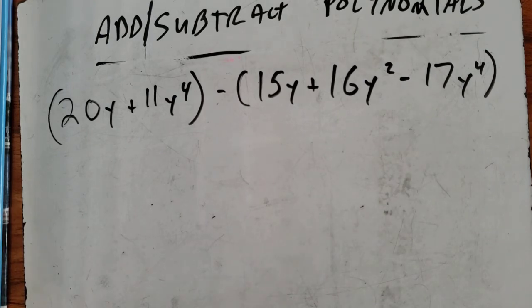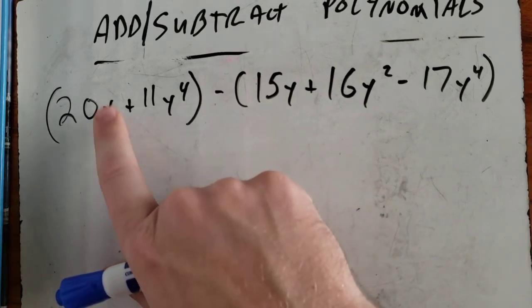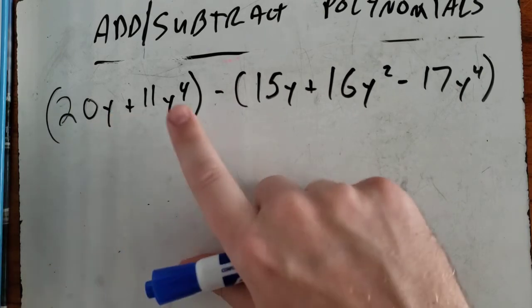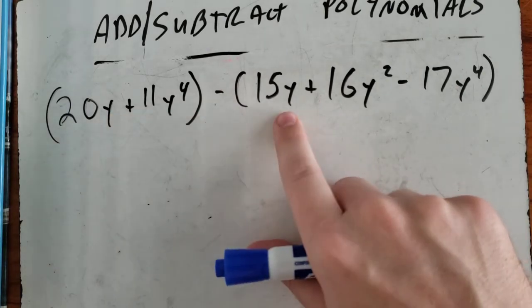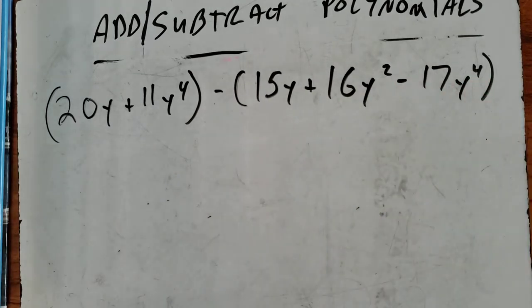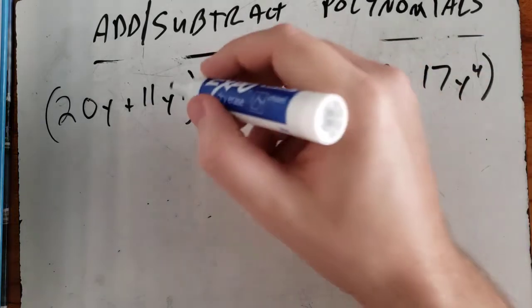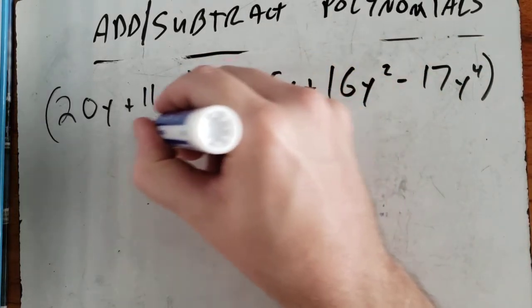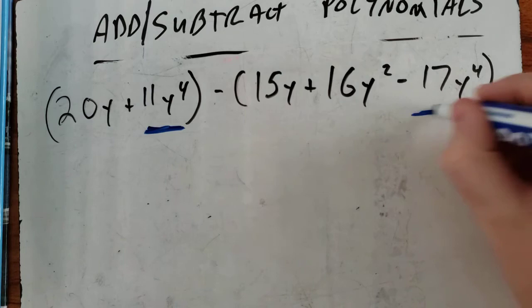So first thing we do, find our highest exponent. Okay, we have a y by itself, so 1y here. We have 4, we have 1, we have 2, and we have 4. Our highest one is our 4. We have a 4 here, right? We have our 4 here.